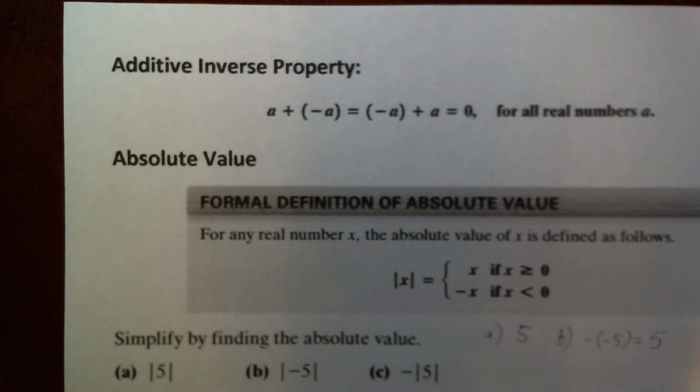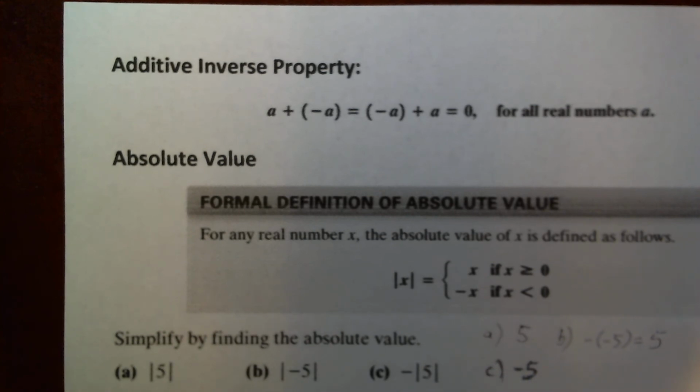Then for c, we know the absolute value of 5 is 5, but because there's a minus sign here, the answer to c is negative 5. And I can just suggest this, that if this is a bit of a problem for you to understand, really think it through. And you can also go to the book and read up on it there. But it's important to understand how this works.